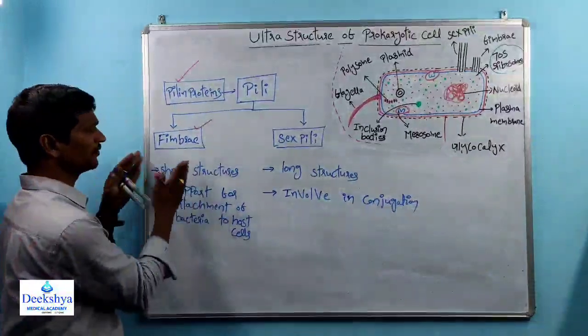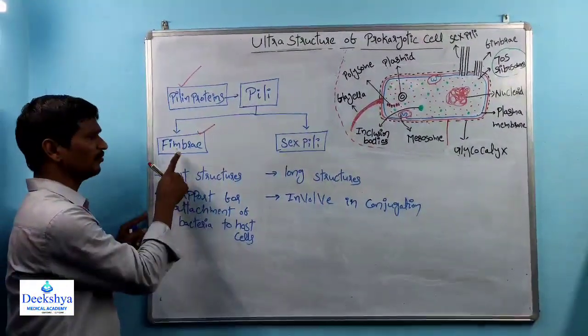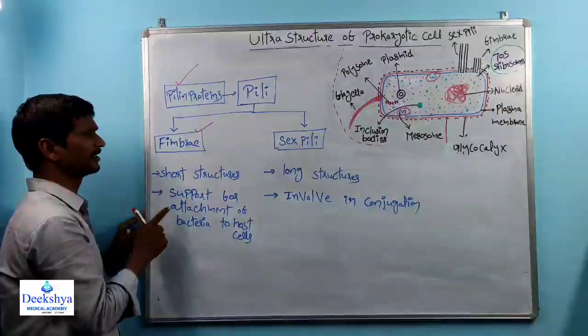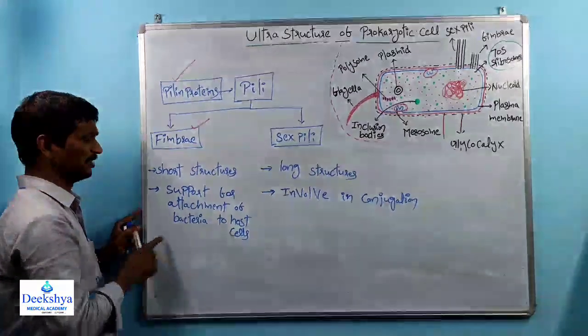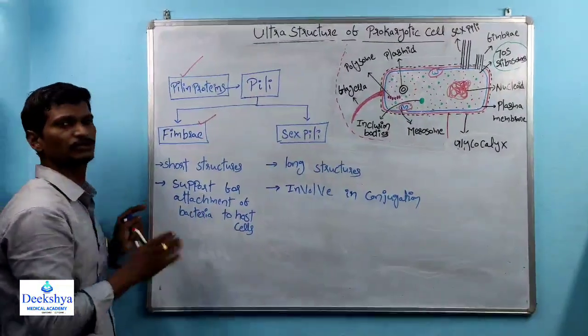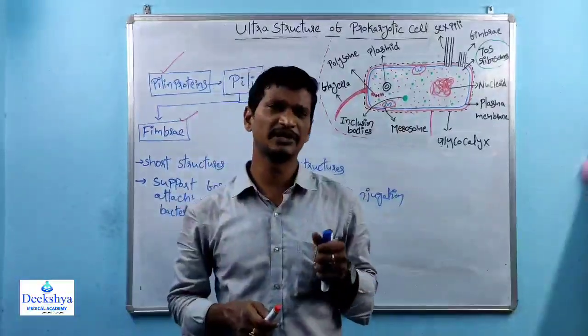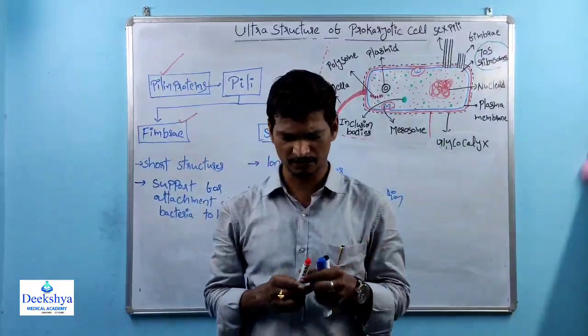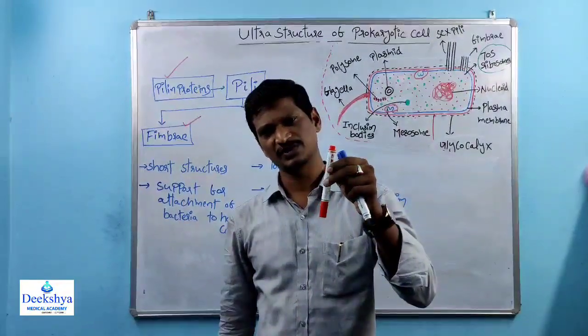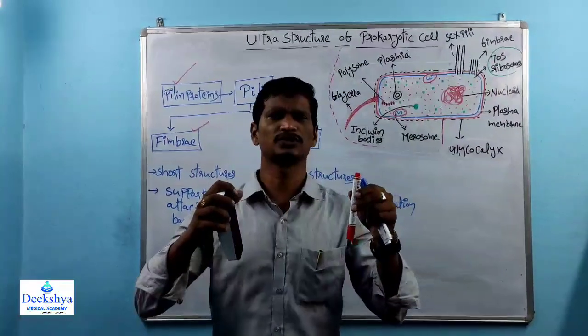Then what is the use of fimbriae and what is the use of sex pili? Fimbriae, as I already said, are short structures which support the attachment of bacteria to the host cell. Suppose this is the bacteria and this is the host cell.